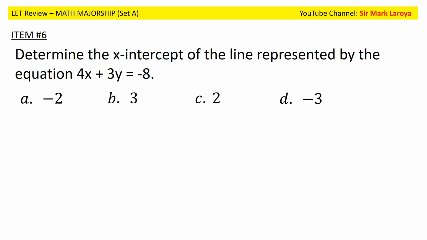Item number 6. Determine the x-intercept of the line represented by the equation 4x plus 3y equals negative 8. A, negative 2, B, 3, C, 2, or D, negative 3.